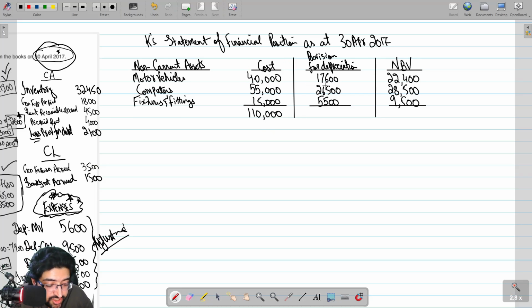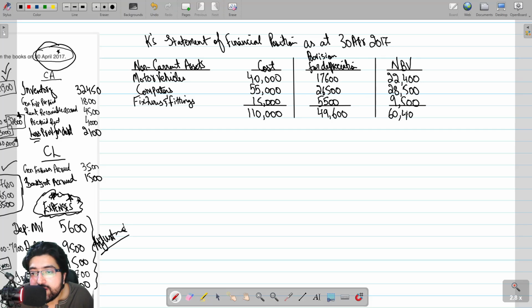The total depreciations were 17,600 plus 26,500 plus 5,500. 49,600. And the total net book value of our assets combined is 22,400 plus 28,500 plus 9,500. 60,400.